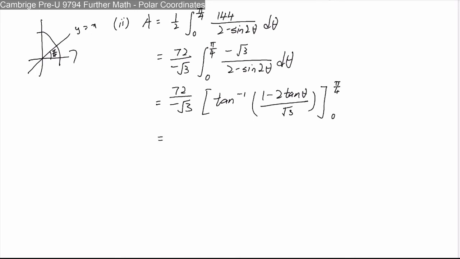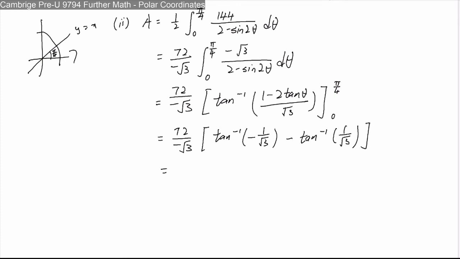Evaluating at pi over 4 and 0, we will get arctangent of negative 1 over root 3 minus arctangent of 1 over root 3.